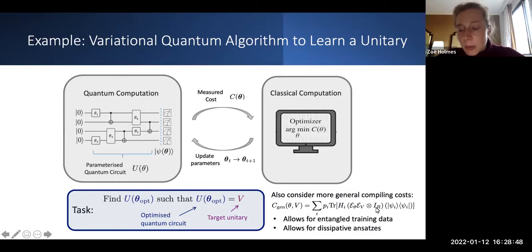So we also consider costs of this form, where our ansatz can be a channel. We also allow for entangled training data effectively, because our target acts on only part of our input state and part of what ends up getting measured.